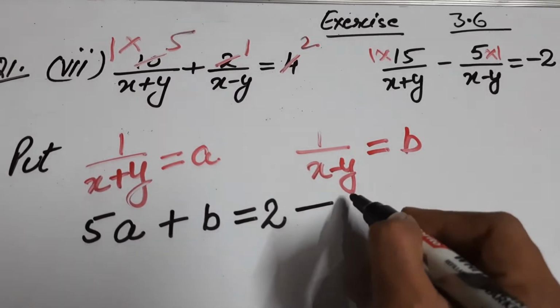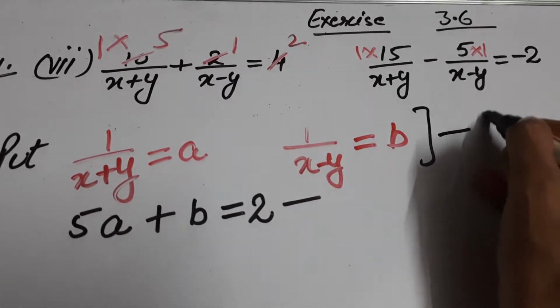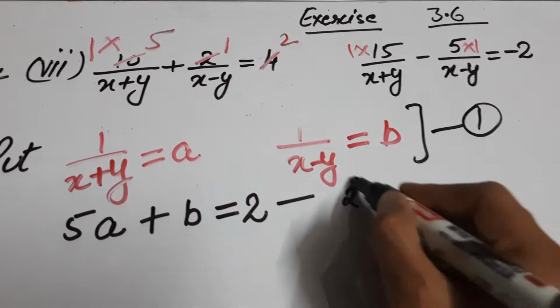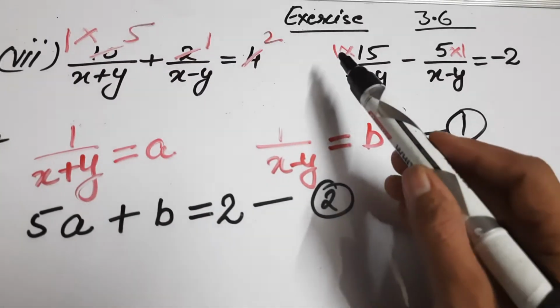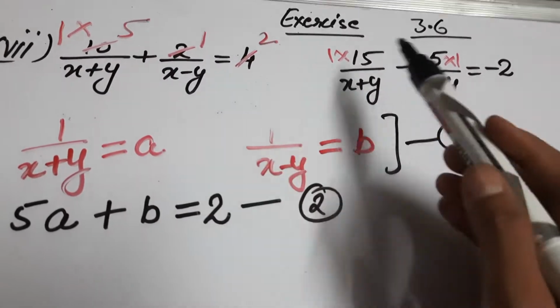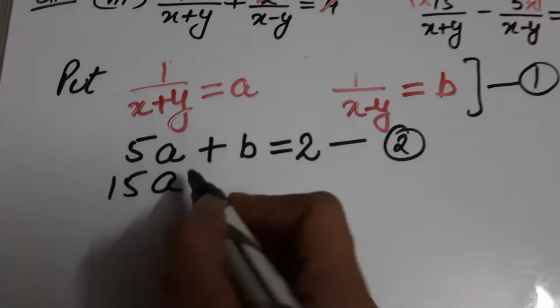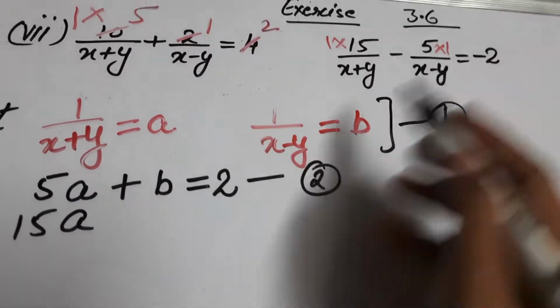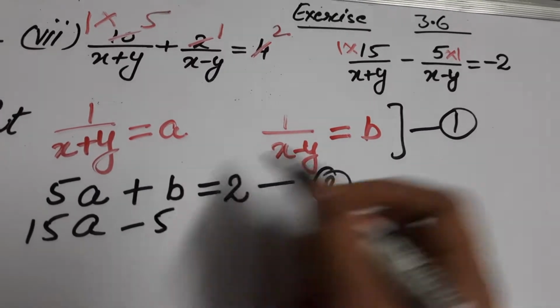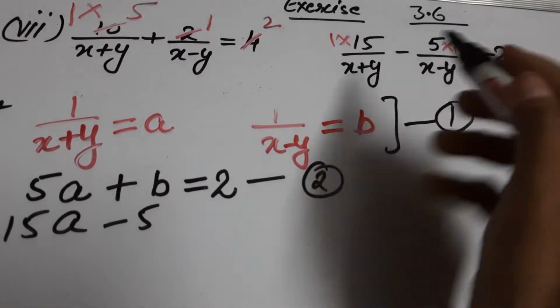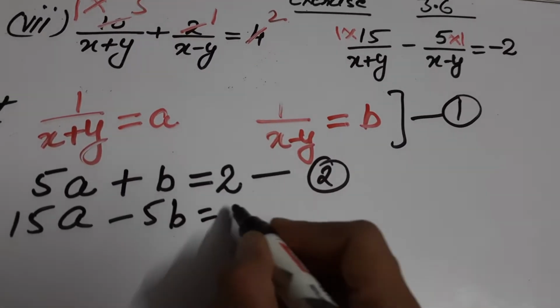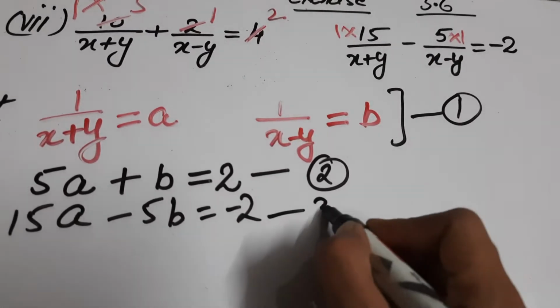This is our first equation, and this is the second equation. So here also 1 by x plus y is a and the coefficient is 15, so we'll write 15a minus 5b, and 1 by x minus y is b, so we'll write b is equal to minus 2. This is our third equation.